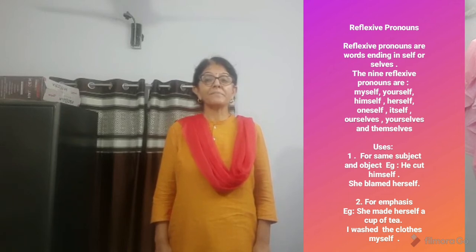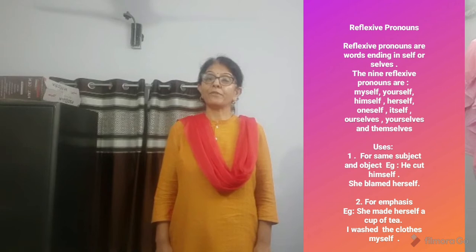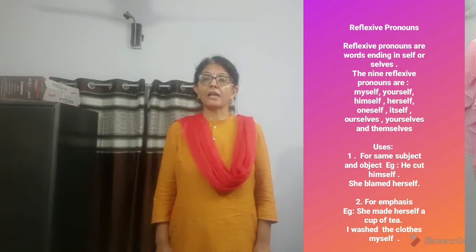He made them himself, no one else. He didn't buy from anywhere, but he made them himself. So this is the example for emphasis. So we have seen that reflexive pronouns are basically used for 2 purposes. One, when the subject and object refer to the same person, and one for emphasis.